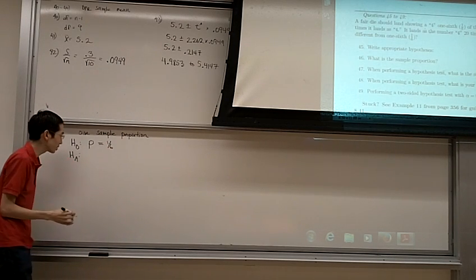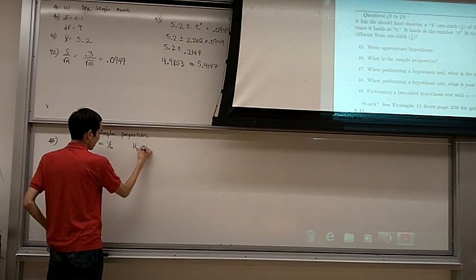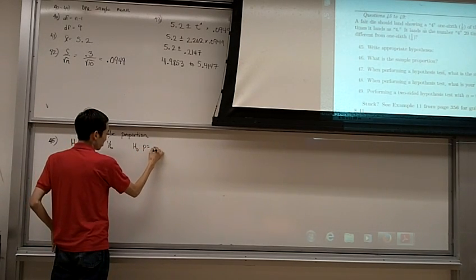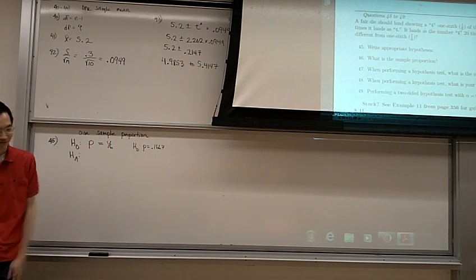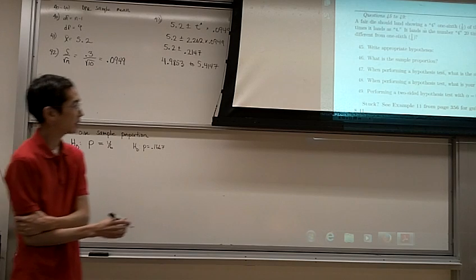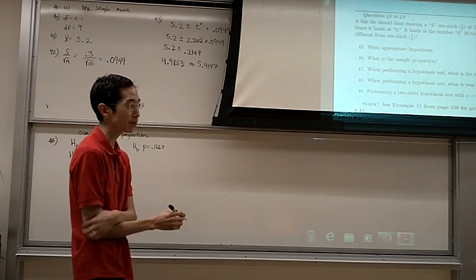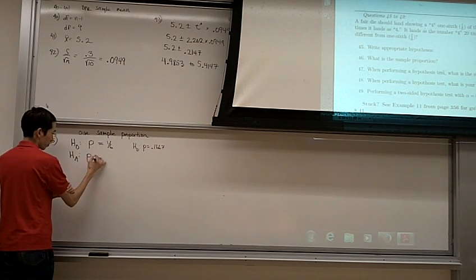Now some of you guys don't like using fractions, so you can also write p is equal to 0.1667, that's fine. But 1/6 is a fraction, and that's also a proportion, right? Alright, and the alternative, it says, is this evidence that the proportion it lands on 4 is different from 1/6? So we use not equal to.